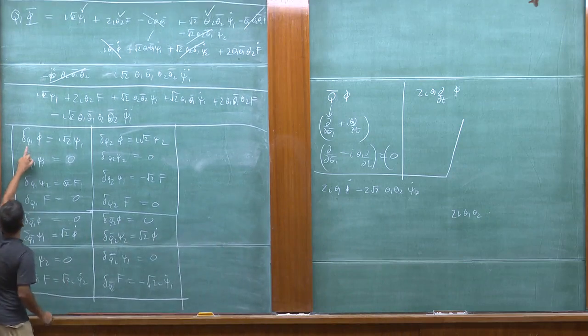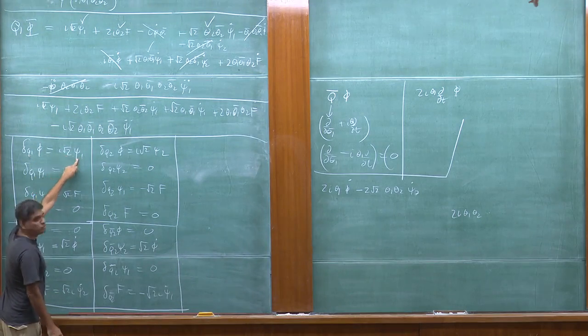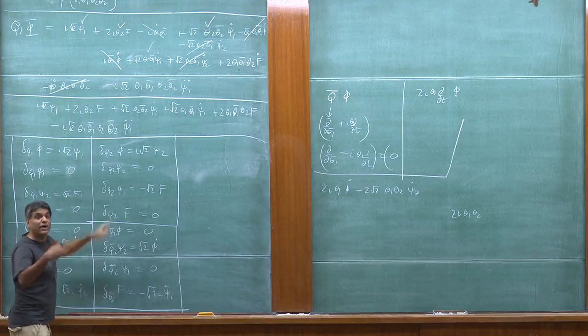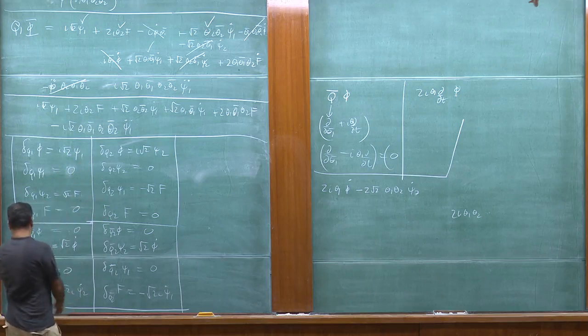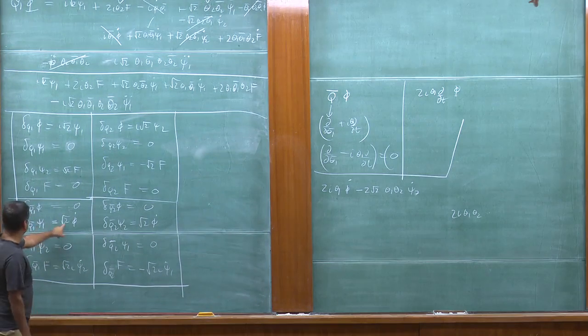We first act with Q₁, so we get 2i square root 2 ψ₁. And then we have to act on ψ₁ with a Q̄₁. We get square root 2 φ dot. Square root 2 times square root 2 is 2. We got 2 times i φ dot. So 2i d/dt.